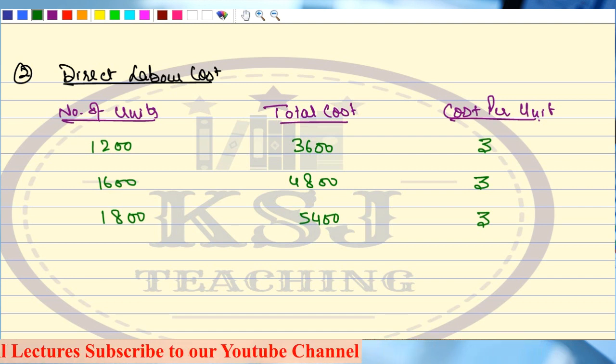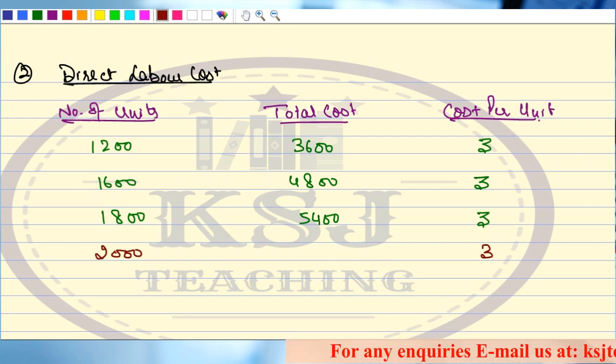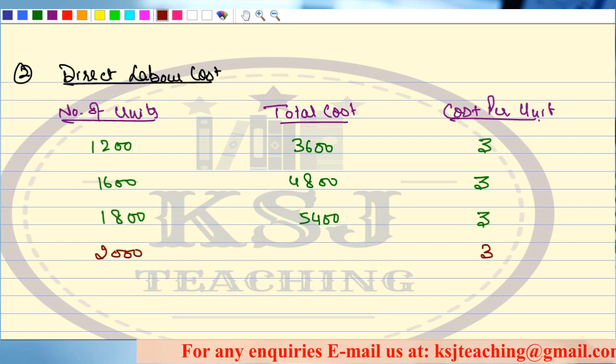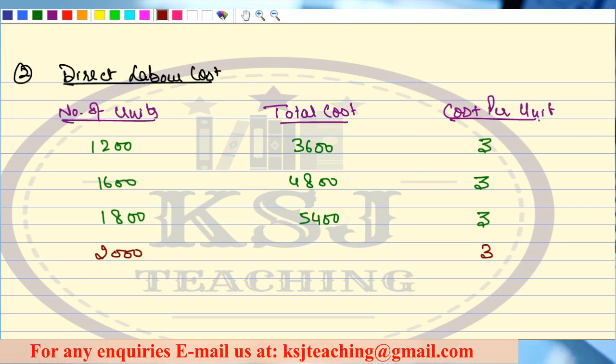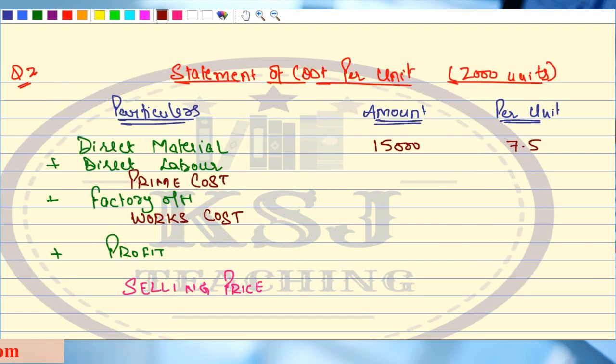So if I go to 2000 units, even then my cost per unit will remain the same, that is 3 rupees. Any doubts? So what is my total cost here? 6,000. So I can write here 6,000 and here 3 rupees.